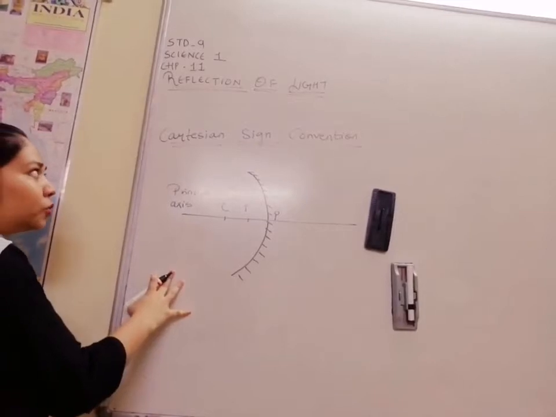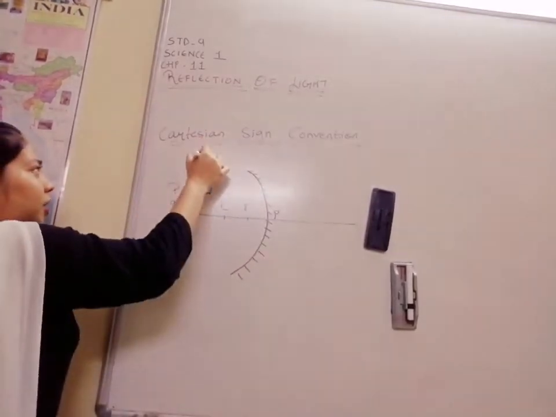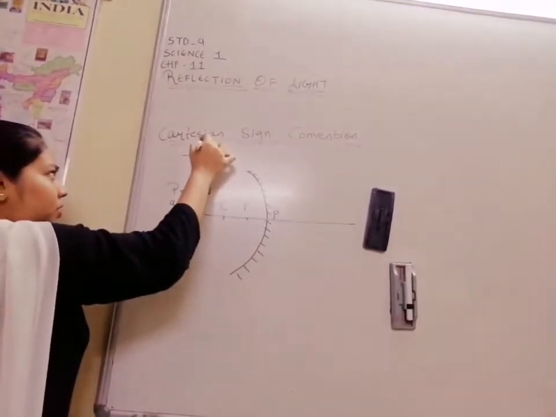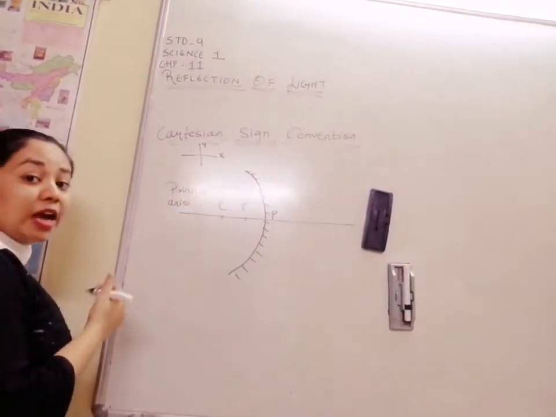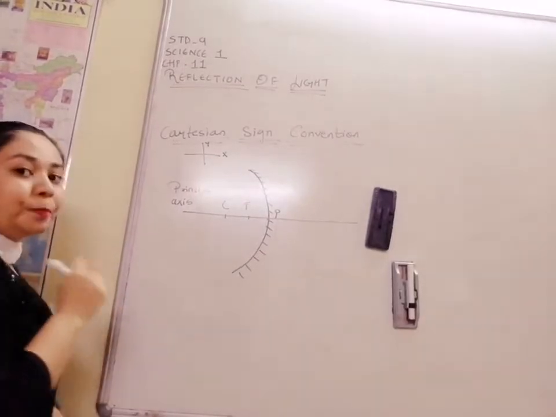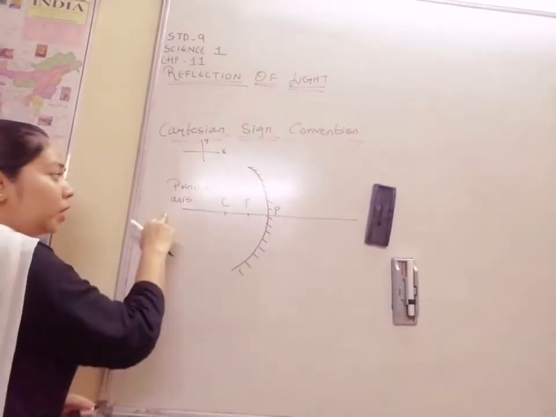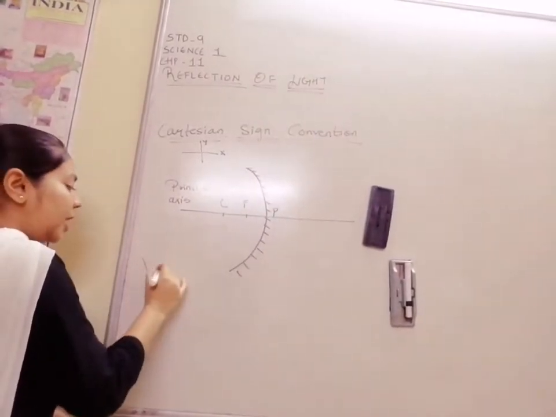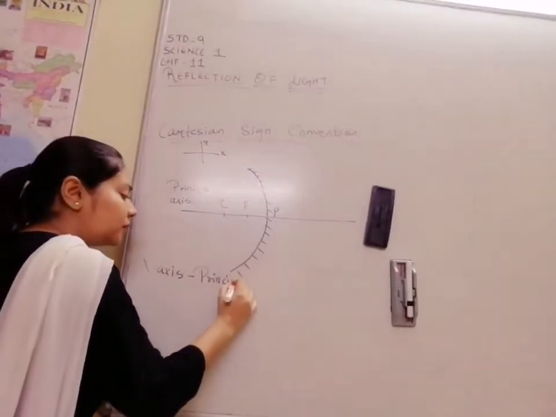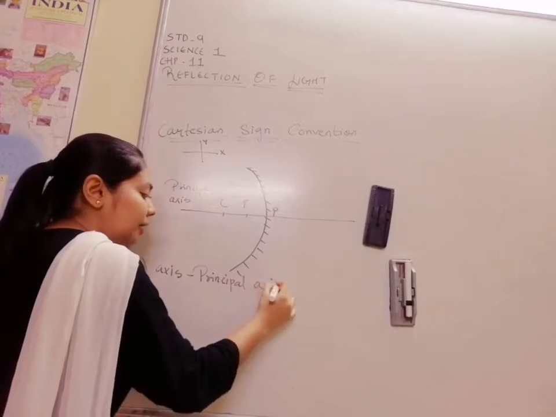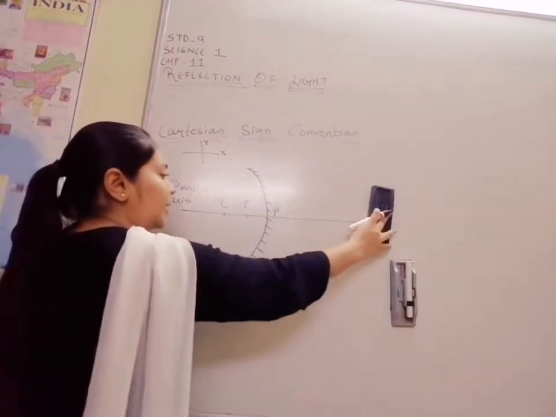Now what are we going to do in Cartesian sign convention? Graph you have all seen. This is y-axis, this is x-axis. In Cartesian sign convention, we have two axes, that is x and y. So here we are going to take x-axis as our principal axis. So this becomes my x-axis.